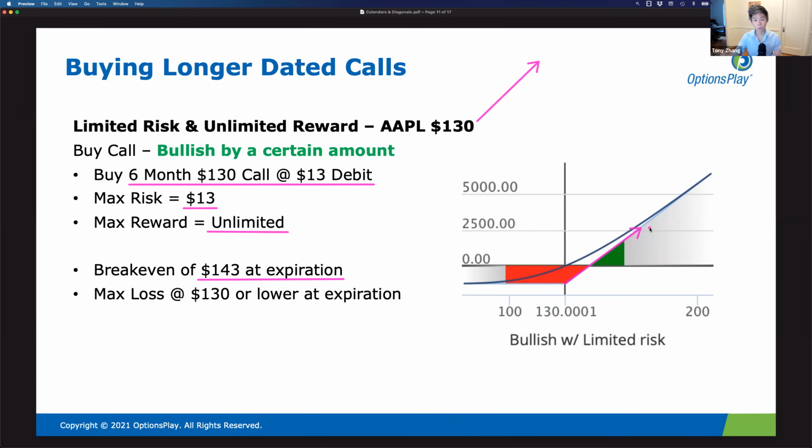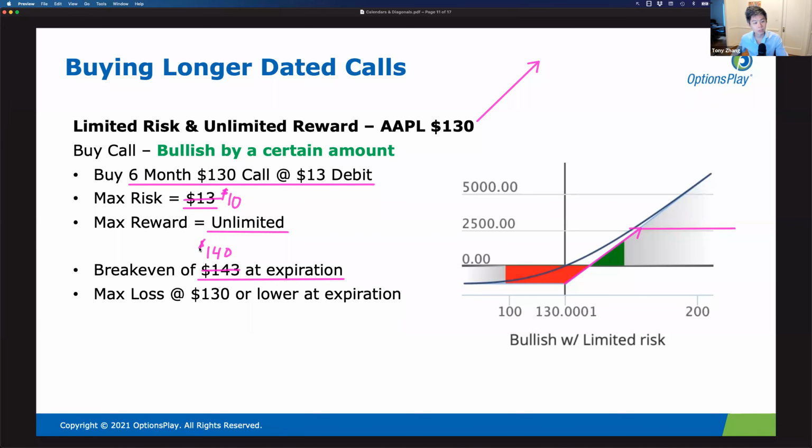So some of the things that we've learned is that we don't have to just buy a call option. We can sell another call option against it. Maybe we sell a 150 call against it, collect a little bit of premium, and maybe bring down the cost of this trade from $13 to maybe $10. And then what that does is it brings our break-even price from $143 to $140.